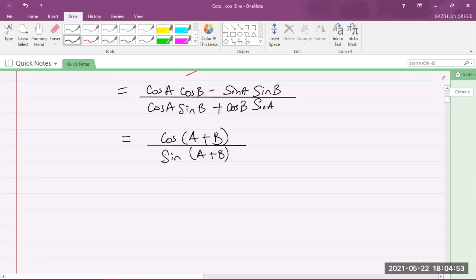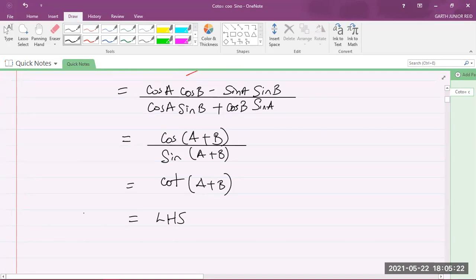Now, what do we have here? We have the cos of A plus B over the sine of A plus B. And we know that the cos of any angle over the sine of the same angle can be represented as the cotangent of the angle. A plus B is the angle, and the cot of A plus B is what we actually have on our left-hand side of the identity.